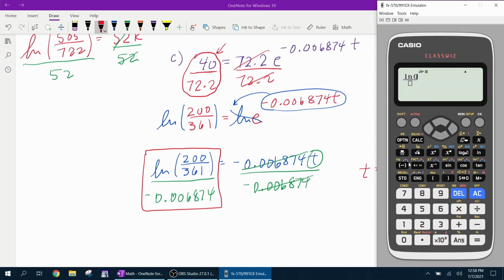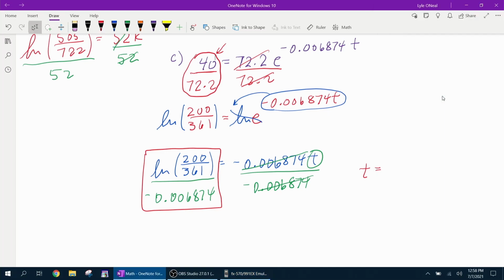We've got the natural log of a fraction, 200 divided by 361. Move over, close, move down, and then for our long decimal number, negative 0.006874, and we're going to round that to the nearest whole number, which would be 86 years.